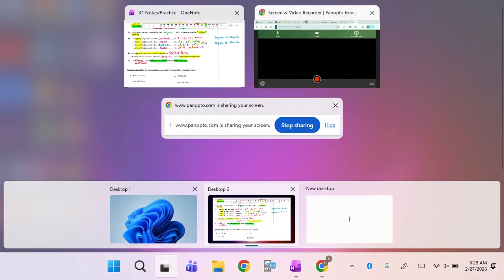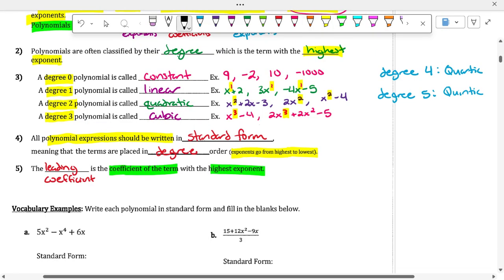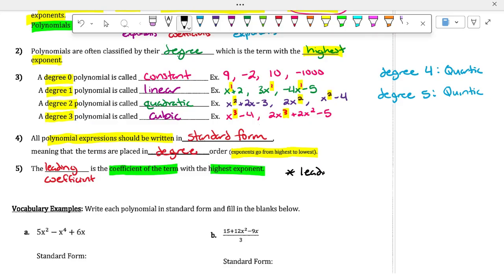Now, one other thing that you may just need to write down. The leading term is the term with the highest exponent. In other words, it's usually the first term listed in standard form.